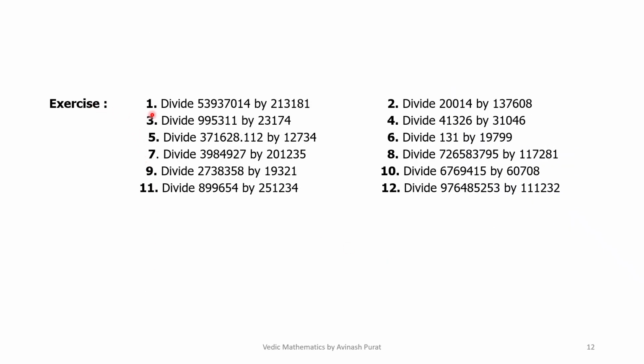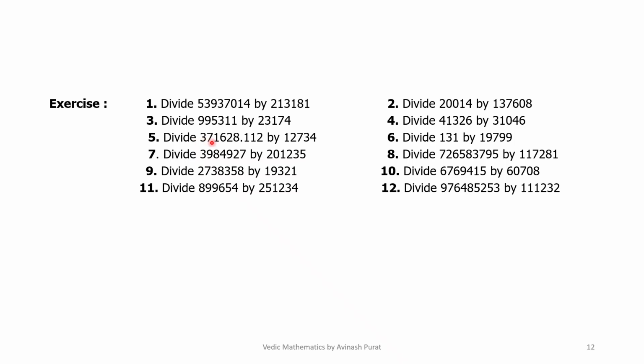Exercise 1. First, divide 53937014 by 213181. Second, divide 20014 by 137608. Third, divide 995311 by 23174. Fourth, divide 41326 by 31046.